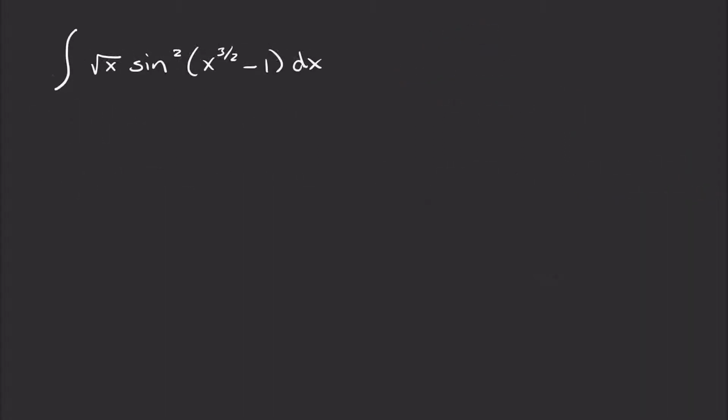For our next integral, we have the integral of square root of x times sine squared of x to the 3/2 power minus 1. Okay, so this one's really involved, but a good place to start again is to take our u to be the argument of our sine function. So u equals x to the 3/2 minus 1.